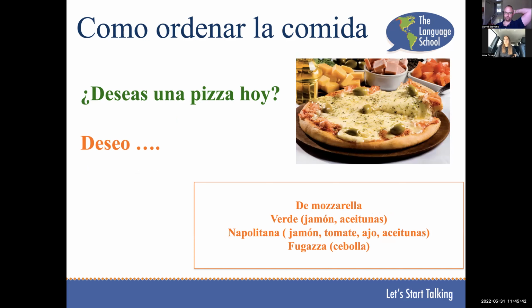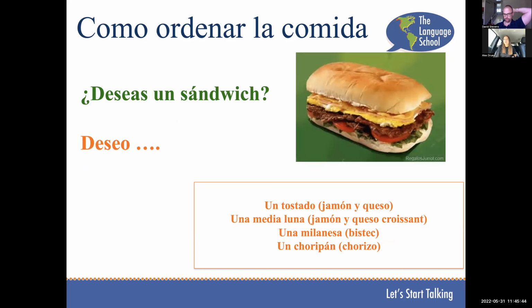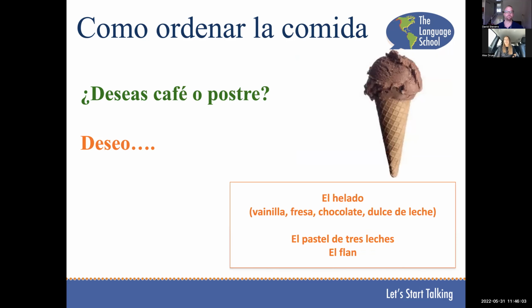Deseo sándwich. ¿Cuál sándwich deseas? Deseo una milanesa. Muy bien. ¿Deseas café o postre?